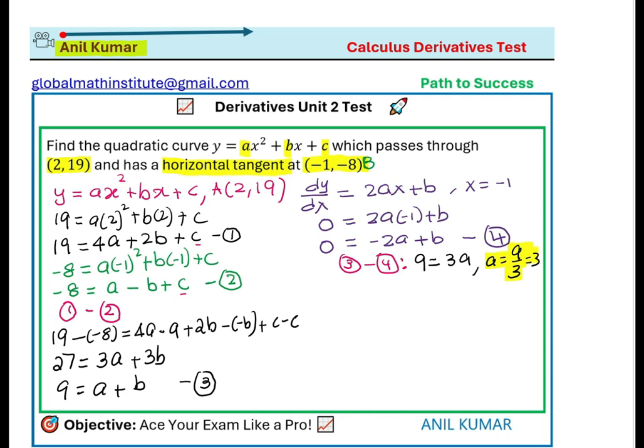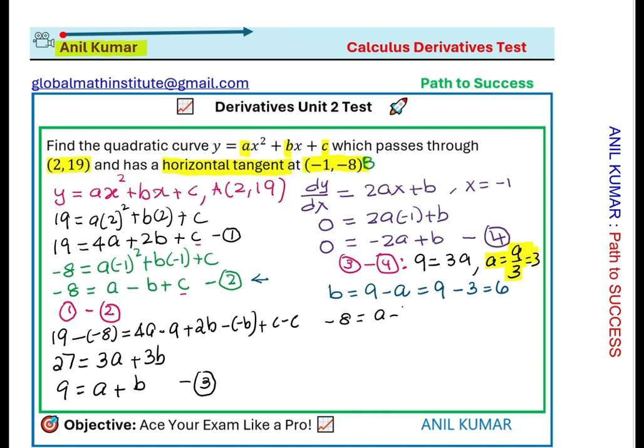So now let's move forward and find what b is. Well, b is 9 minus a, which is 9 minus 3, or 6. So we get the value of b as 6. Now we can find the value of c using one of our equations. A better equation to use is equation number 2, which is -8 equals a minus b plus c.